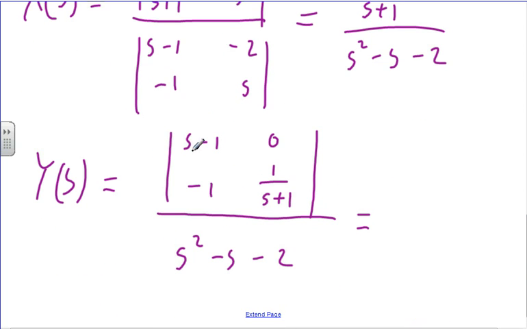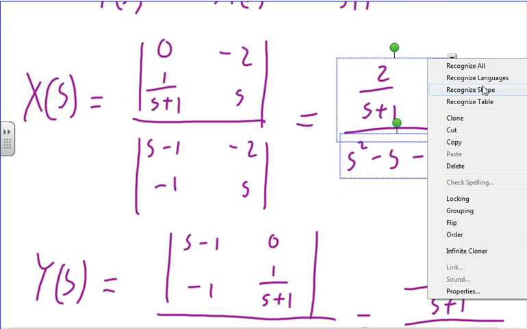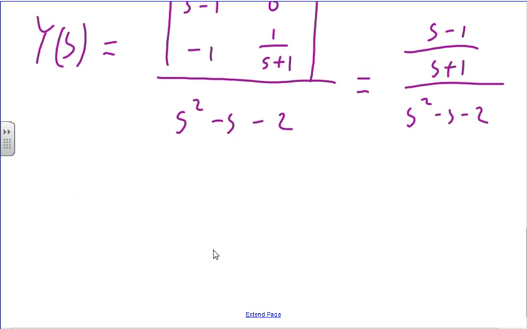So I've got s minus 1 over s plus 1 divided by s squared minus s minus 2. Okay, you happy with that? Oh yeah, just totally peachy. Now, assuming we didn't make a mistake, which of course we didn't, I'm going to solve for x of s first.